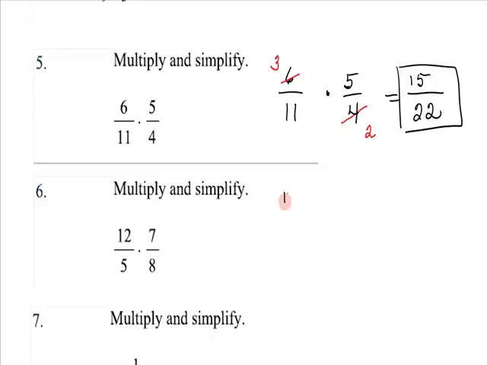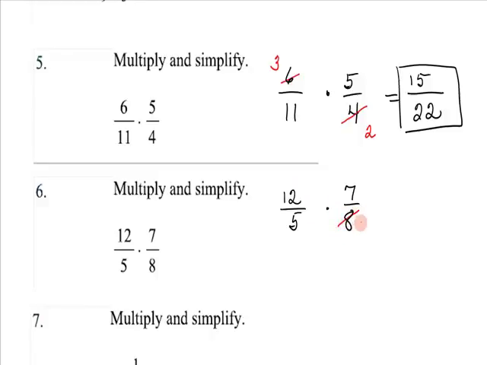The next one, I have 12/5 times 7/8. Looking on my diagonals, 12 and 8, yes. What is the largest thing I can divide into both of them? Well, that is a 4.